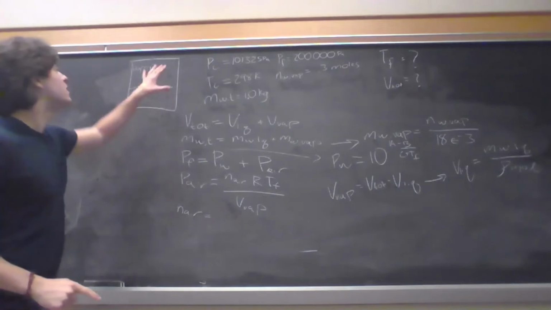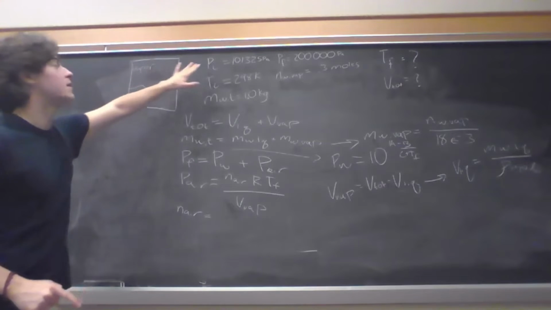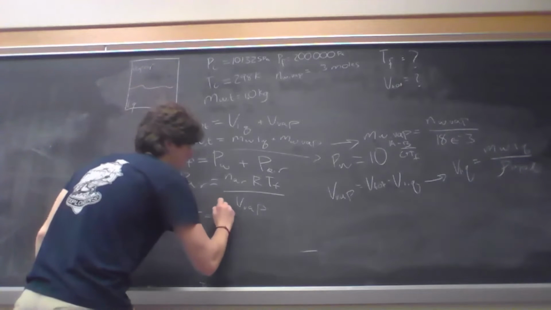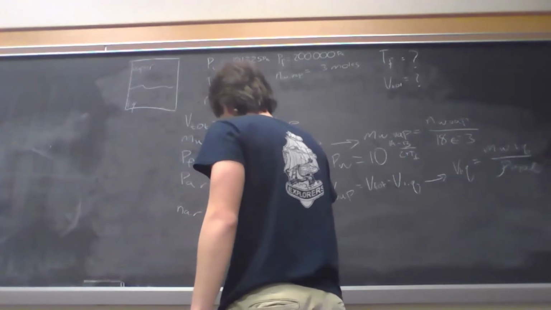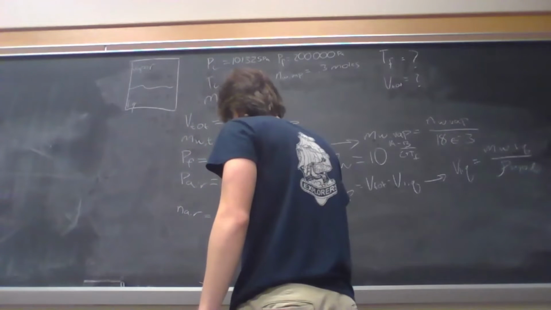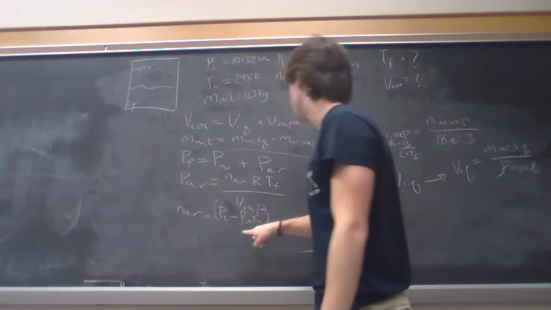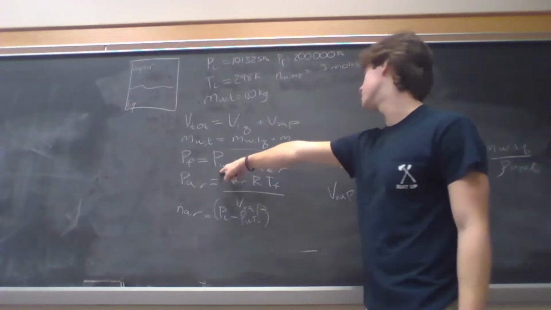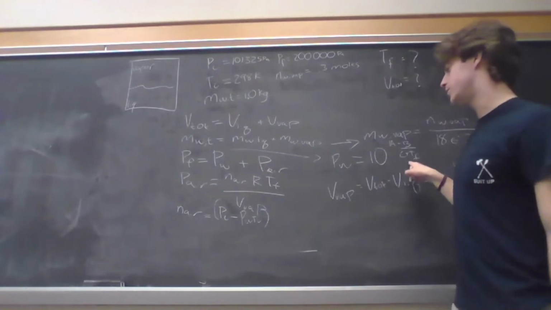So the pressure will be the pressure that was here when we closed the container, so it'll be the initial pressure minus the pressure of water at that initial temperature. We can find this variable the same way we found our pressure of water vapor at our final temperature, using Antoine's equation.